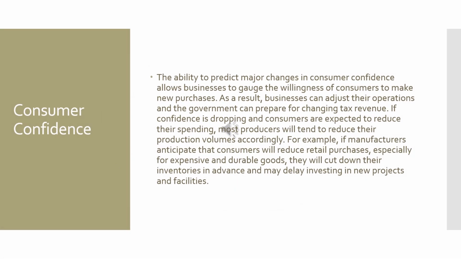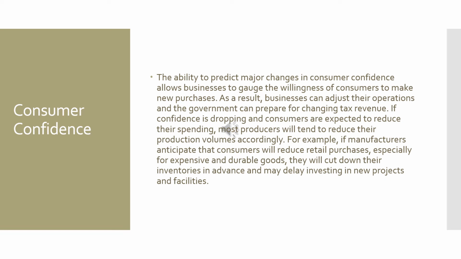The ability to predict major changes in consumer confidence allows businesses to gauge the willingness of consumers to make new purchases. As a result, businesses can adjust their operations and the government can prepare for changing tax revenue. If confidence is dropping and consumers are expected to reduce their spending, most producers will tend to reduce their production volumes accordingly.